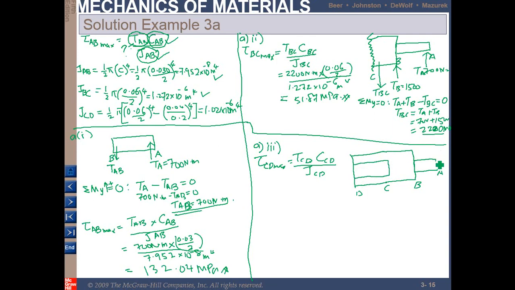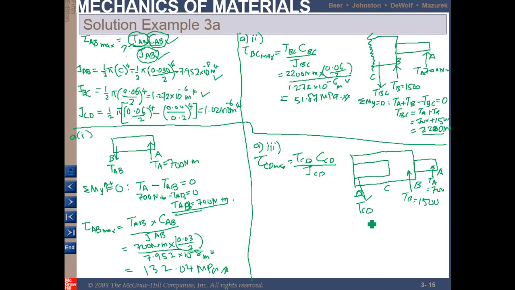Okay, so you have given a TA, which is equal to 700, and then you have given TB, which is equal to 1500, and there is a resisting torque at the end. This is point D at the end of the shaft, which is TCD.